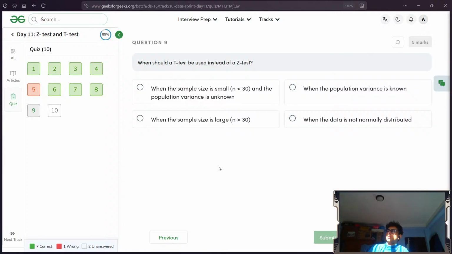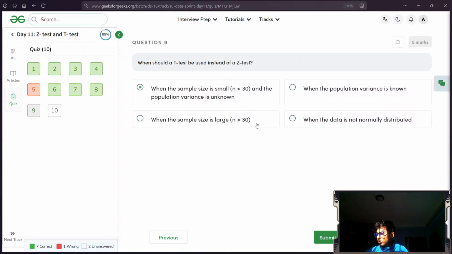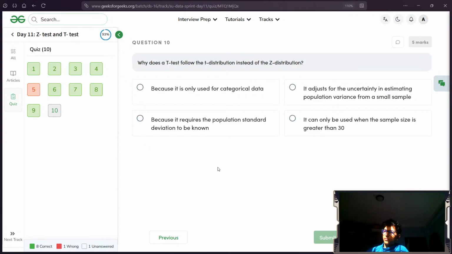When should a t-test be used instead of z-test? When the sample size is small and the population variance is unknown. When the population variance is unknown, size is large. Yep. Why does the t-test follow the t distribution instead of z distribution?